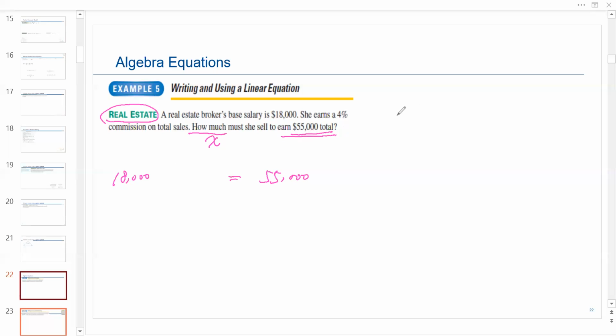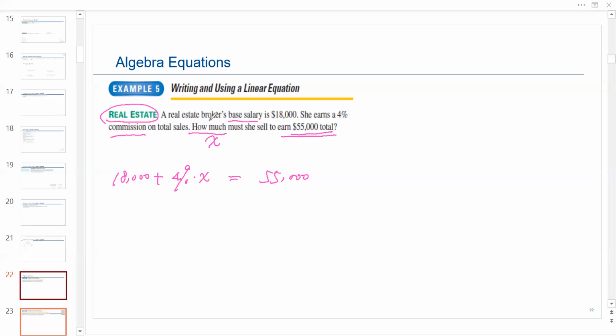Firstly, the base salary. The second part is the commission, which is 4% of the sales.